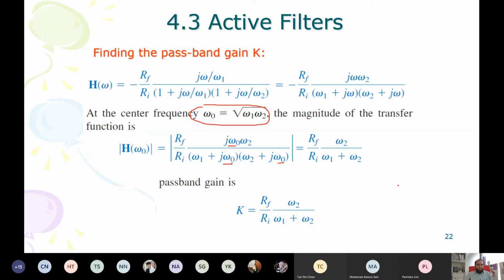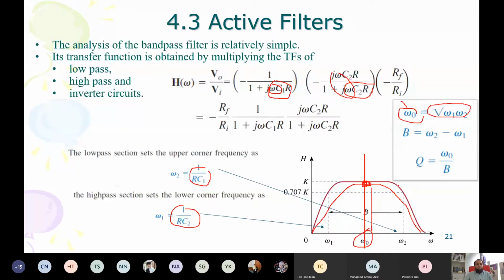Right. So I think for the quiz, expect something like maybe I will give you the transfer functions for low pass, high pass, maybe band pass as well, and I'll ask you to design a low pass filter. Oh, sorry, a band pass filter, something like this.